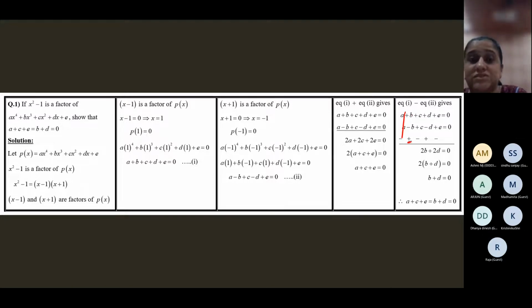Plus b, see the new sign, plus 2b. Plus c minus c cancels. Plus d, take the new sign, plus 2d. Plus e minus e cancels. Is equal to 0. So 2 is common.